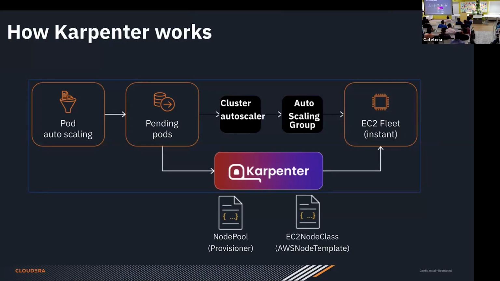The pods will get into a pending state. The pending pods will contact Kube Scheduler, which is a native Kubernetes feature, and it will then trigger cluster autoscaler. Cluster autoscaler will trigger the autoscaling group, and it will trigger the EC2 API, which is EC2 Fleet. EC2 Fleet is basically an AWS service used to spin up multiple instances at a single time. So this is what the whole workflow looks like.